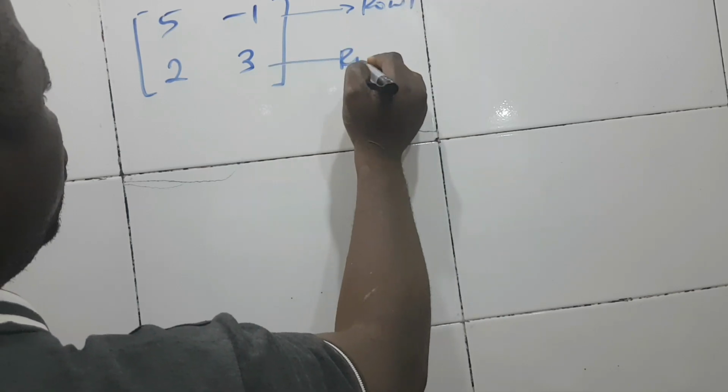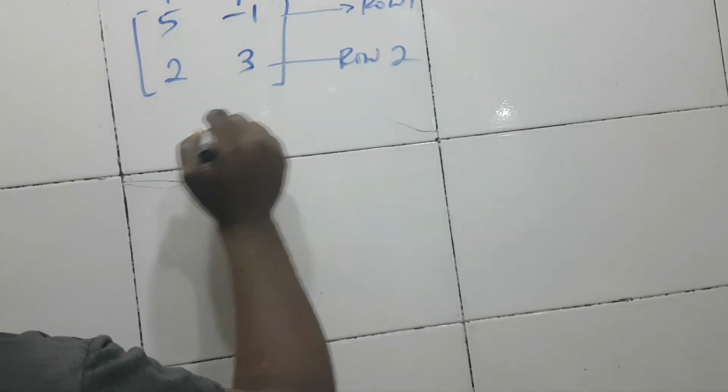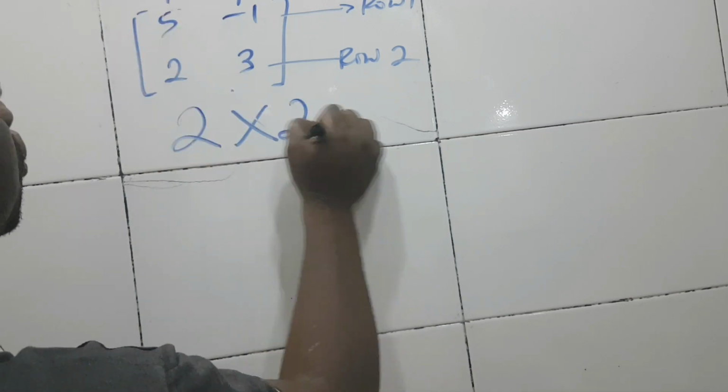This is row 2. Then the number of columns, we have column 1, we have column 2. Like I said, for us to determine this matrix, you call the row first before the column. So this is going to be what? Row 1, row 2, that is 2 by, how many columns? 2. So this is a 2 by 2 matrix in terms of order.